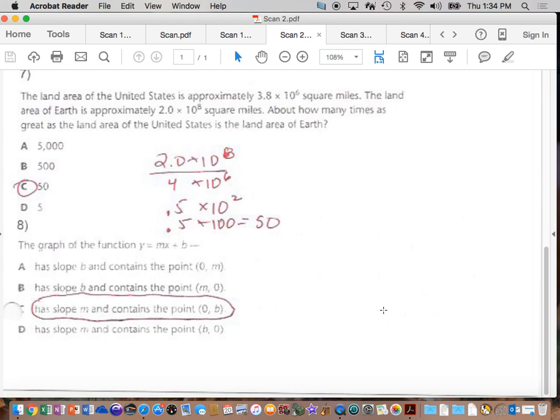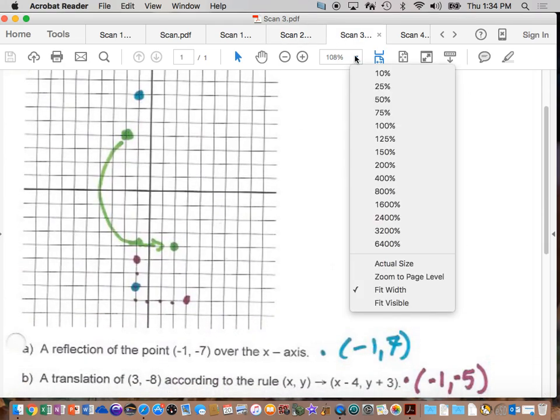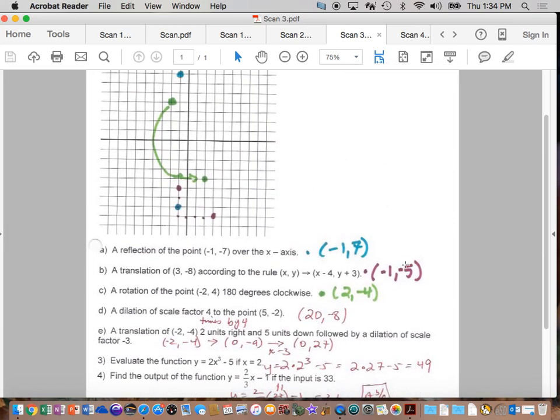Any questions? No. Okay. Transformation questions? Remember, they're color-coded there so that you can kind of see what's going on.